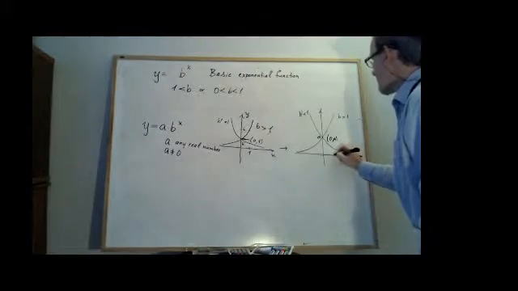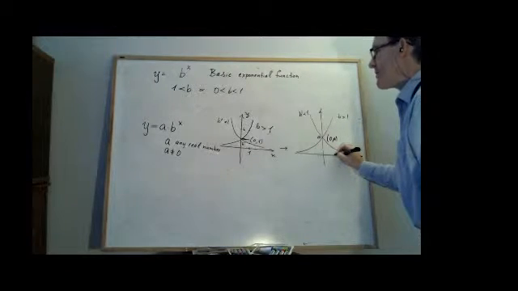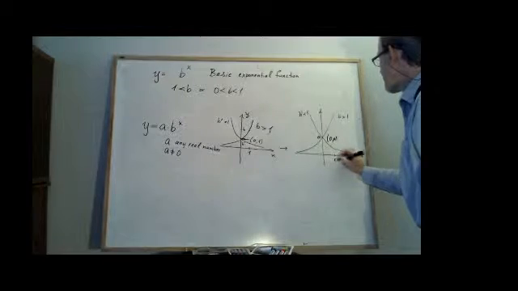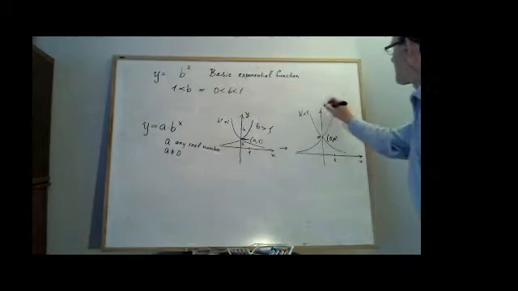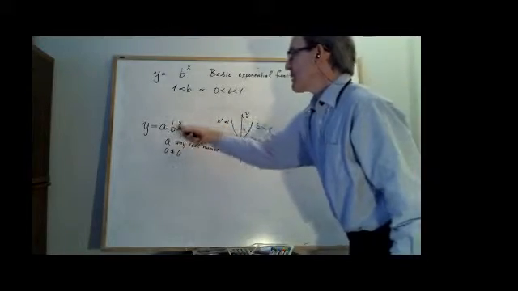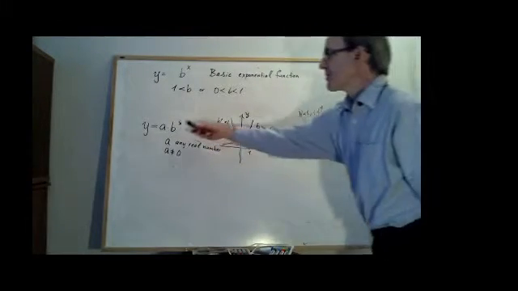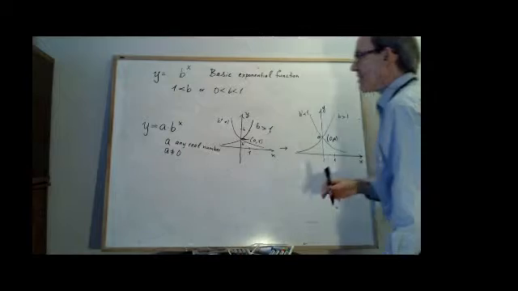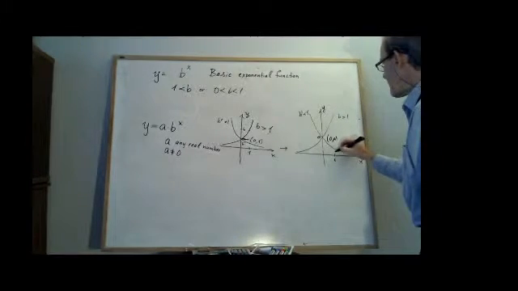And if I want to find a characteristic value here at 1, if I plug in 1, I will get a times b. This part will evaluate to b, and this will be multiplied by the overall constant a.